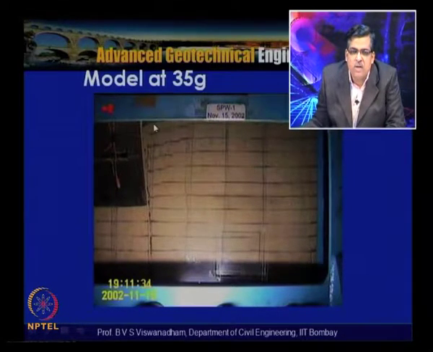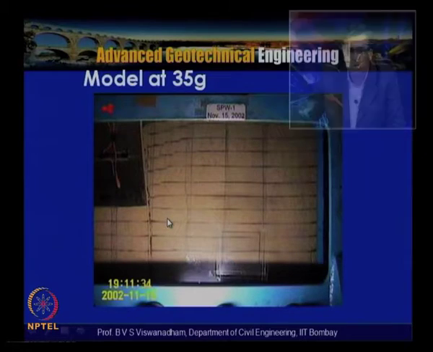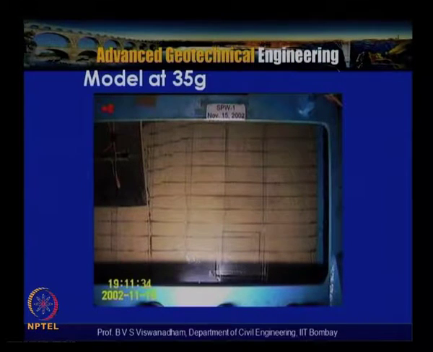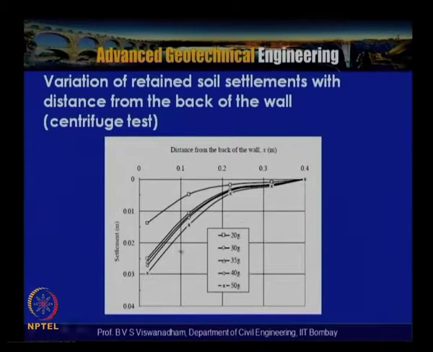Because of that, the entire portion gets shifted downwards like a step type deformation. This is one of the classical failures observed for the deformation of a sheet pile wall embedded in sand with a very low stiffness wall.